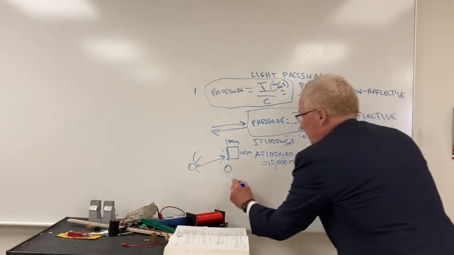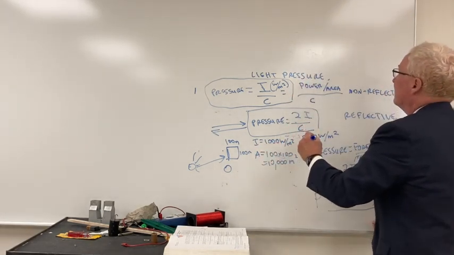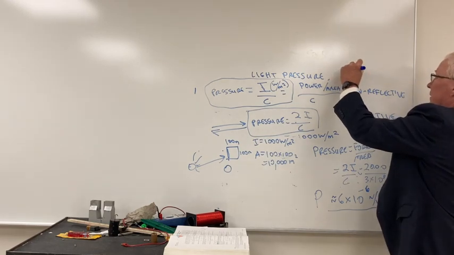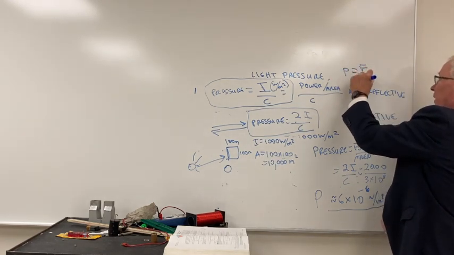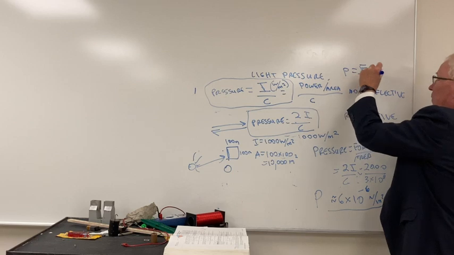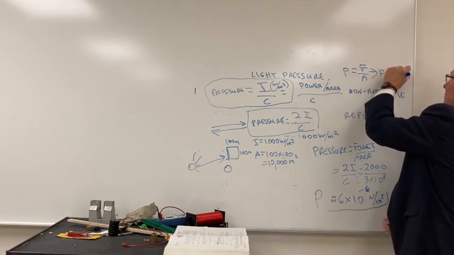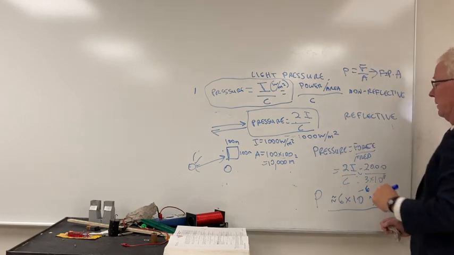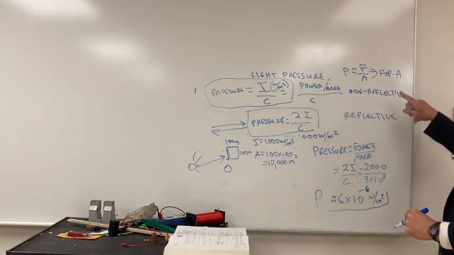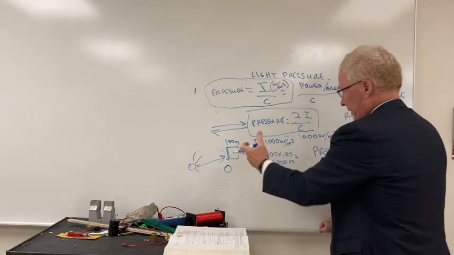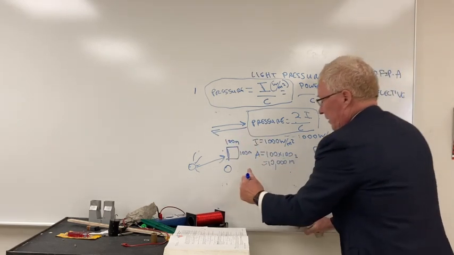Remember, pressure is force over area, so force is pressure times area. In this case, we can find the force. We have this much pressure on a sail that big.